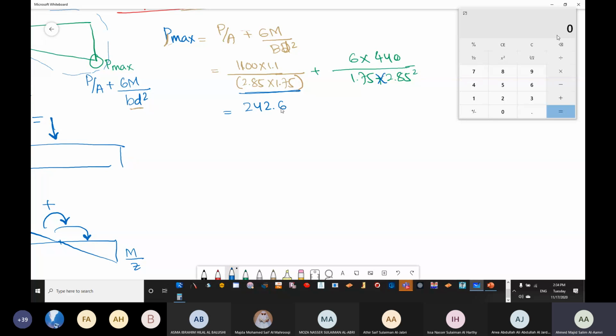No, it cannot be 2000. So 242.6. What about this value? Just cross check, it cannot be 2006. The second one. Because still we are calculating for the pressure.